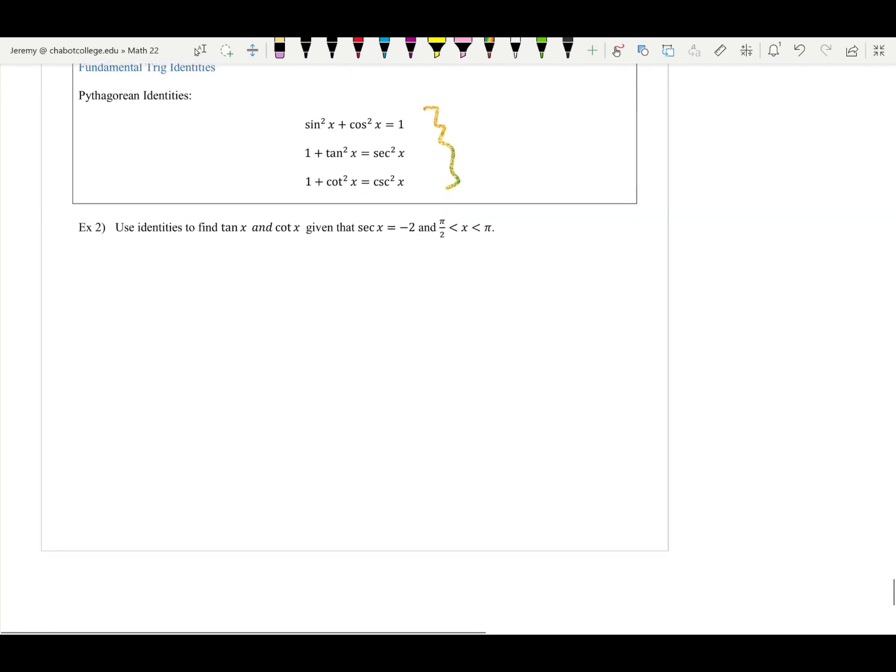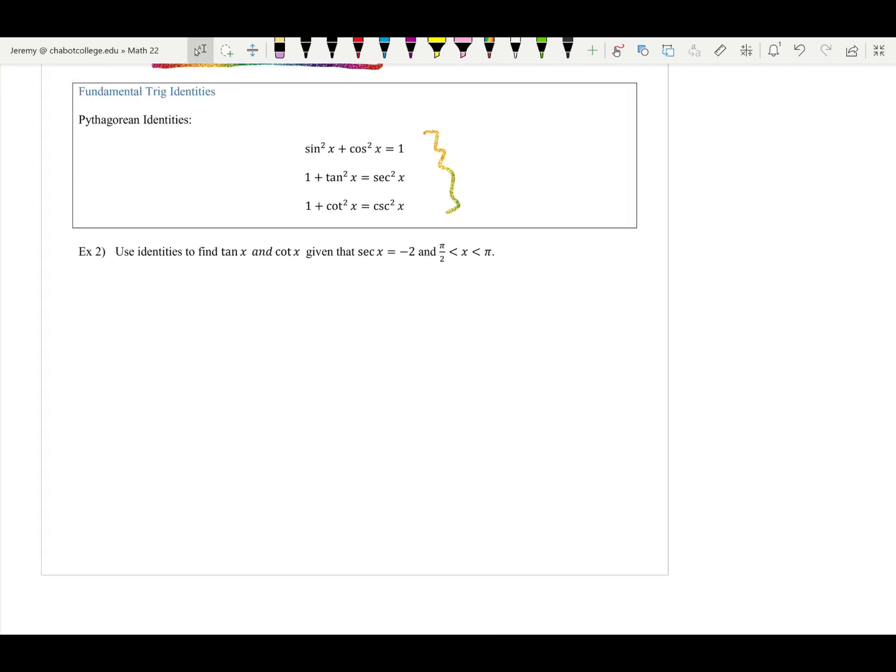Okay, looking to example 2, and this is the last example in this chapter. We want to use trig identities to find tangent of x and cotangent of x, given that secant of x is equal to -2, and we're told that this angle x is between pi over 2 and pi. So this is in quadrant 2.